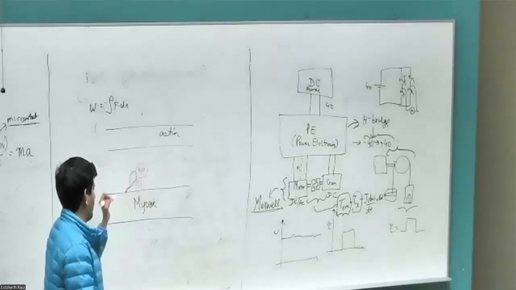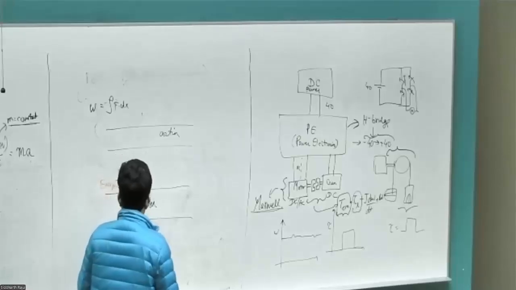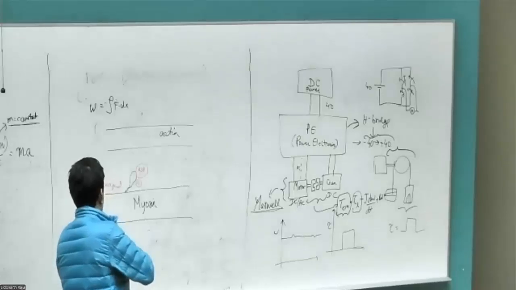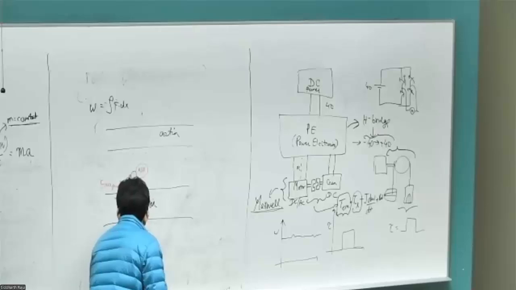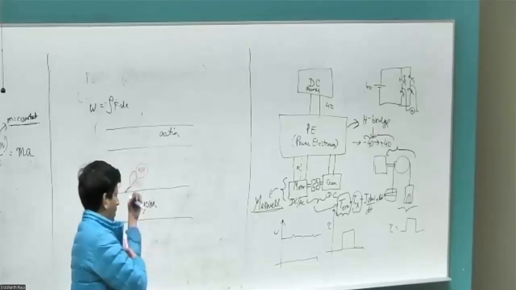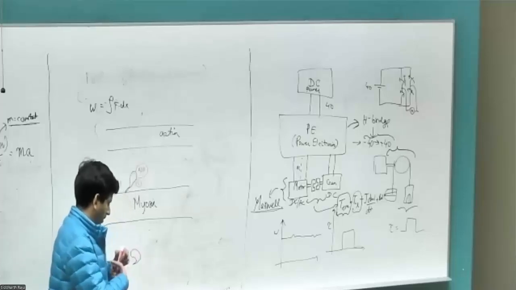This is the energized state for the myosin head. But the state the myosin head would rather prefer to be in is this de-energized state, where it's kind of bent.